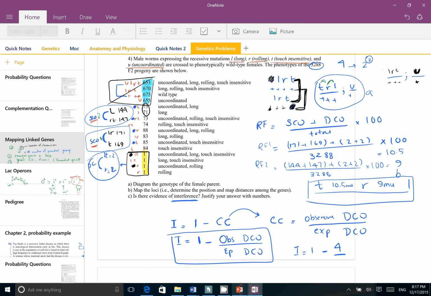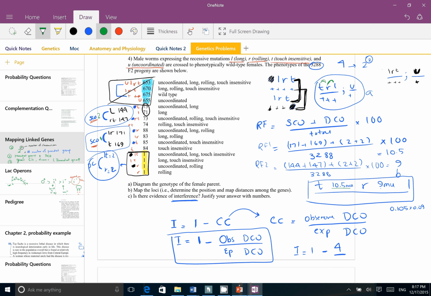So look at your map distances, 9 and 10.5. Converting them to decimal numbers, it would be 0.105 times 0.09. All I did was divide this by 100 and this one by 100.